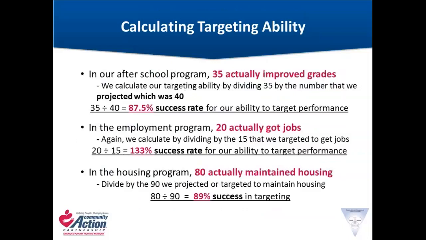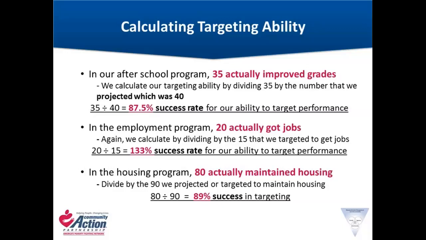But we thought it's important for you to understand how this information is viewed, so that you're not looking at these and saying, oh well, the second bullet there, where 20 actually got jobs and we only projected 15, that means that we had a 133% success rate. So that's much better than the first one, where 35 actually improved grades and we thought that 40 would. And that was only an 87% success rate.